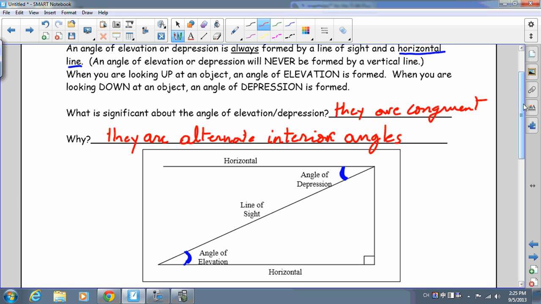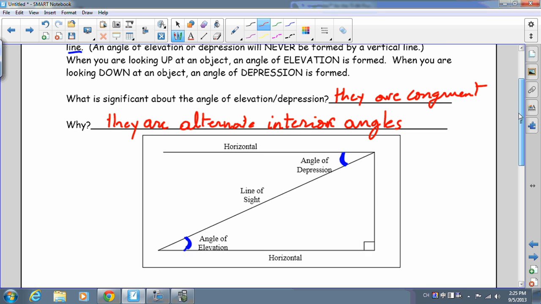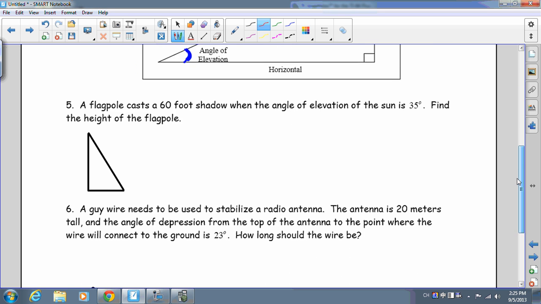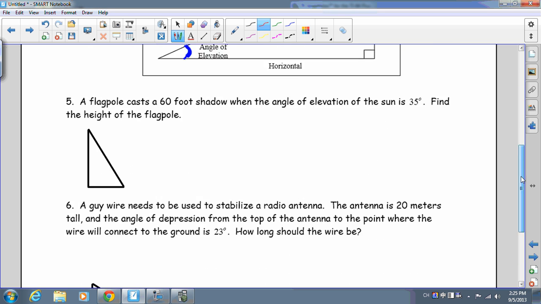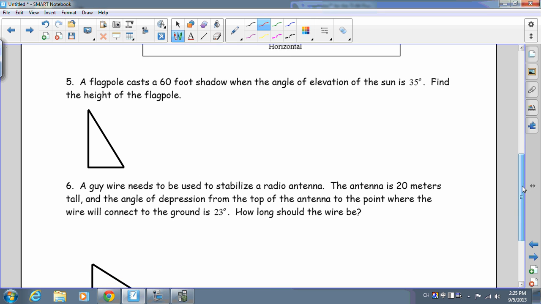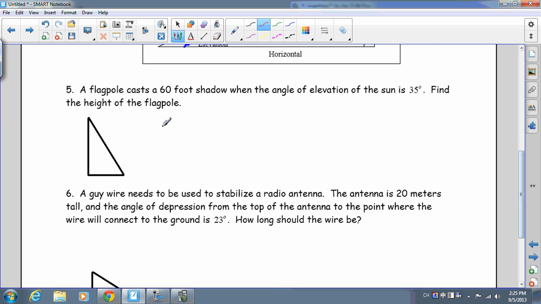Now, knowing that they are alternate interior and that they are always congruent, let's see if we will be able to answer number 5 and number 6. On number 5, it says the flagpole casts a 60-foot shadow. I'm assuming that this is the shadow, and of course the shadow is on the ground.